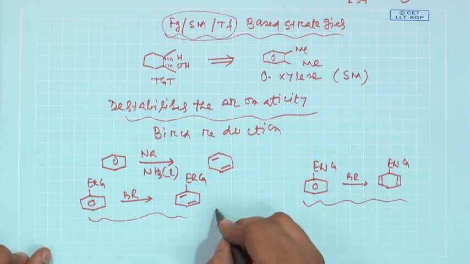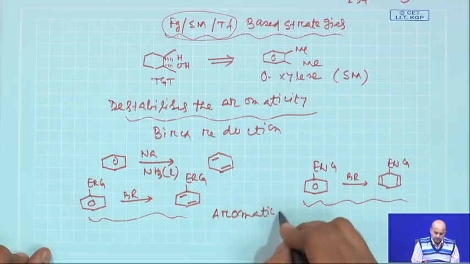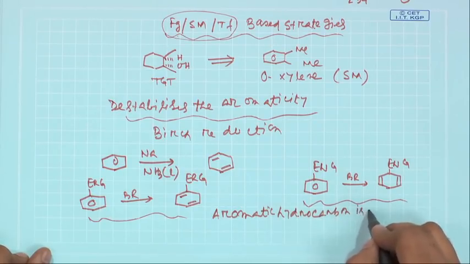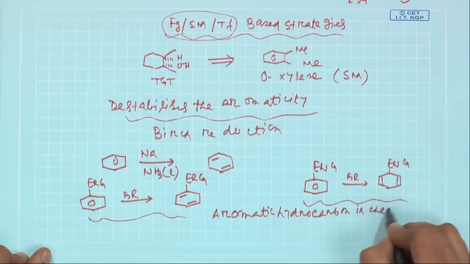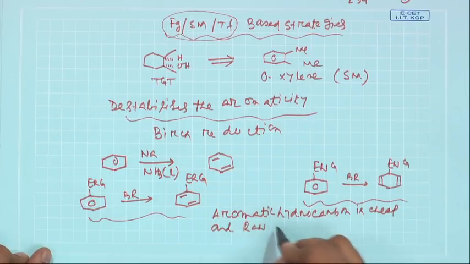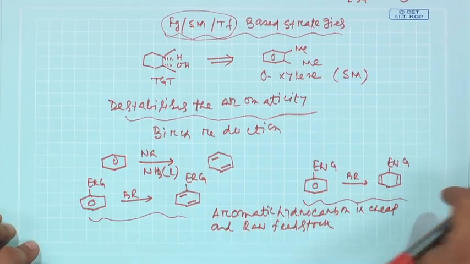Now, aromatic hydrocarbons are very cheap because they are derived from the petroleum industry. They are raw starting materials, or you can call them raw feedstock. These are absolutely cheap starting materials, so you can often use them in your synthetic pathway depending on the target structure.